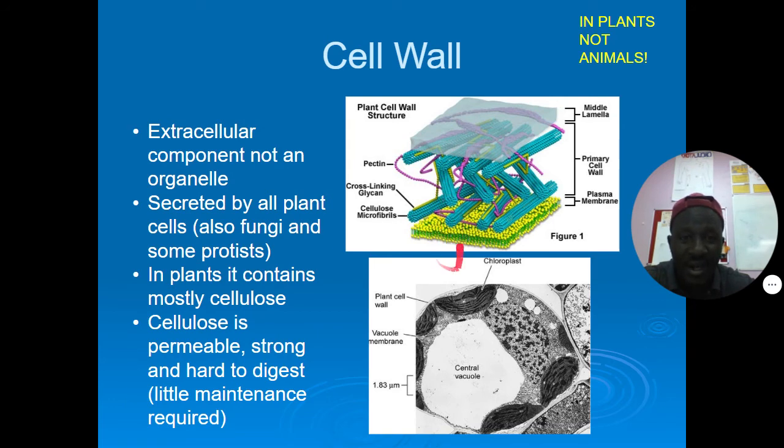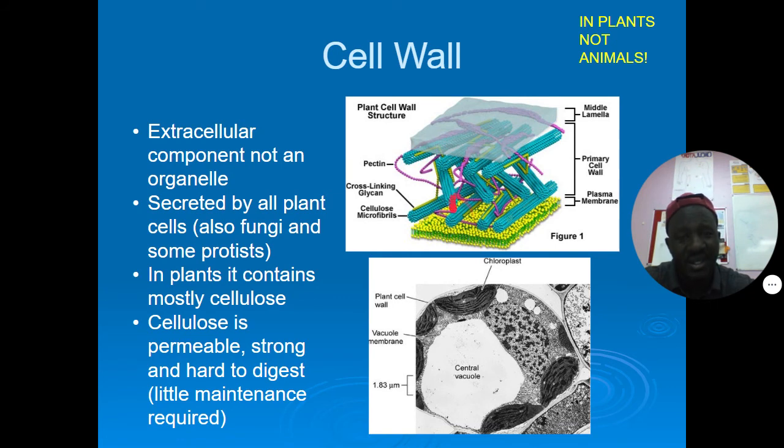Because of the cellulose, the plant cell becomes hard and strong, which provides rigidity. The pectin, the cross-linked glycan, and the cellulose microfibrils provide the toughness of a plant's cell wall.